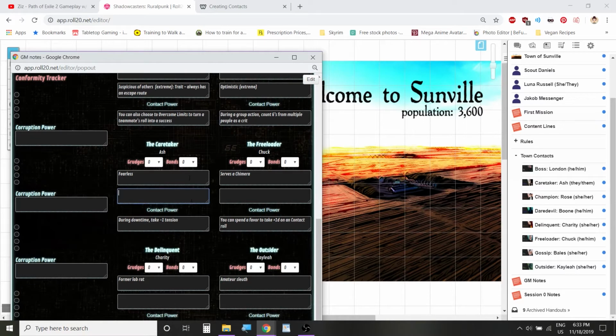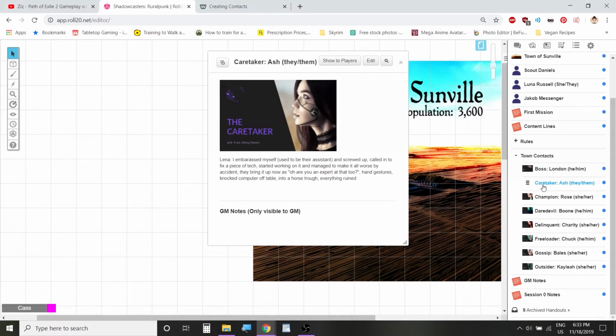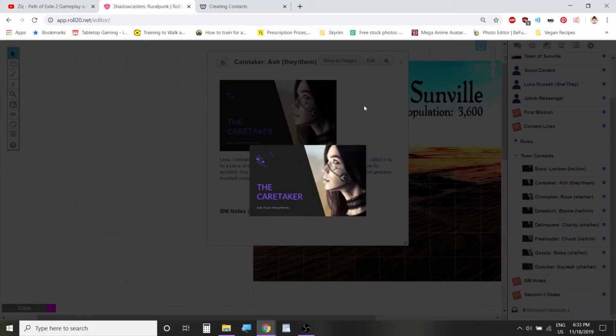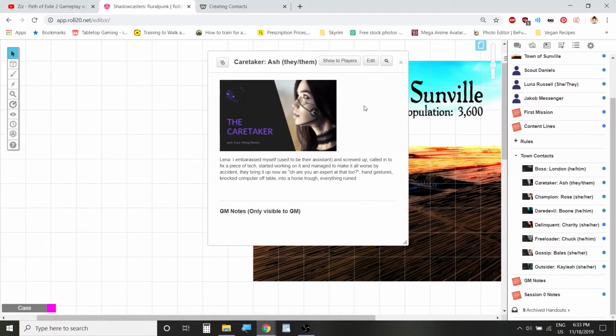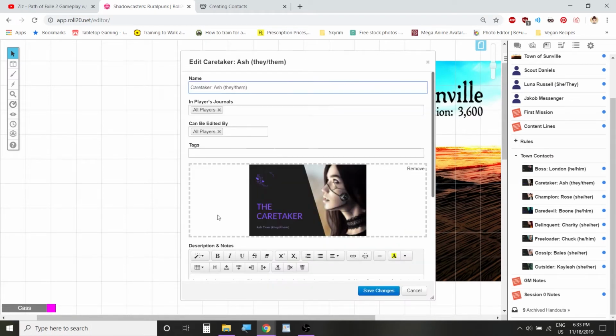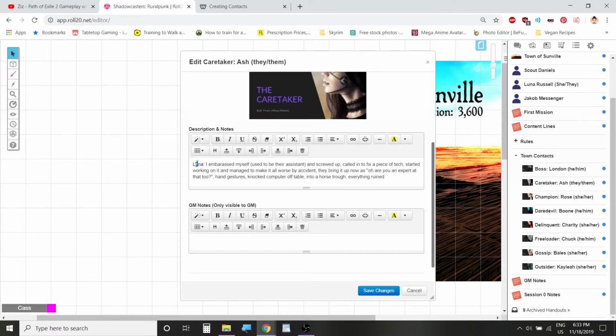So now we have Ash. Ash is the caretaker who they wanted medicine, they said, but actually it was AI assembly, basically. And one of the things is that Luna embarrassed herself.